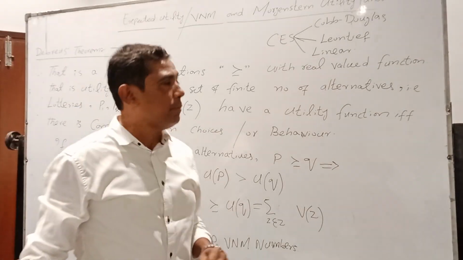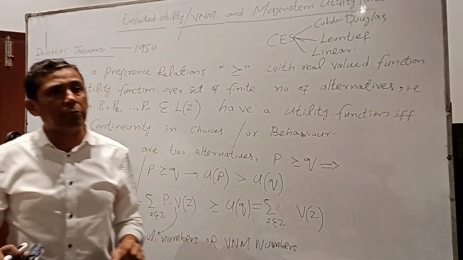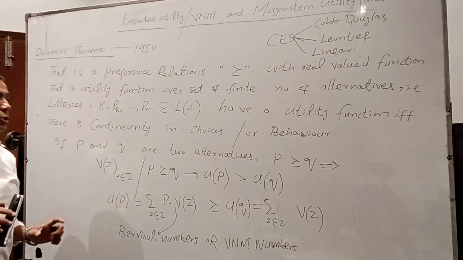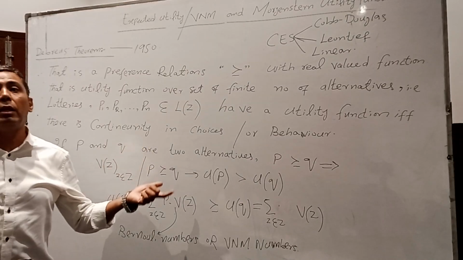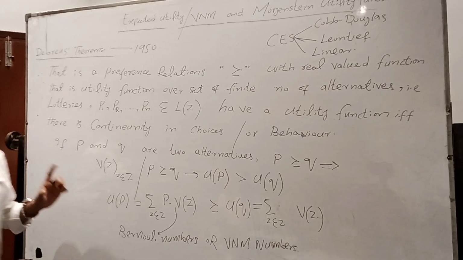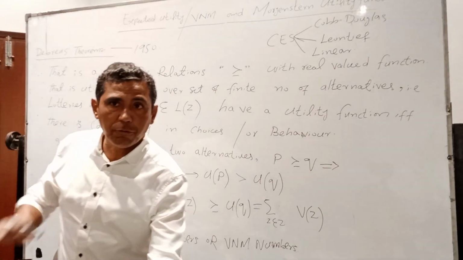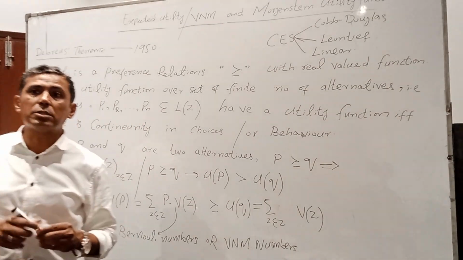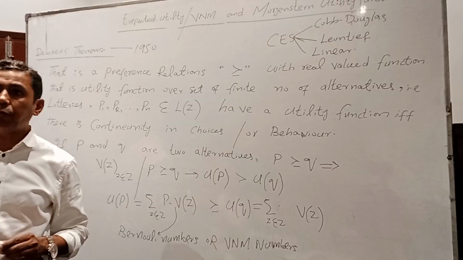So now we are starting the nature of expected utility function or the simple utility function. Okay, what should be the nature of utility function? Clear? So now let me recall: what is the difference? In the previous case we derived the expected utility function.